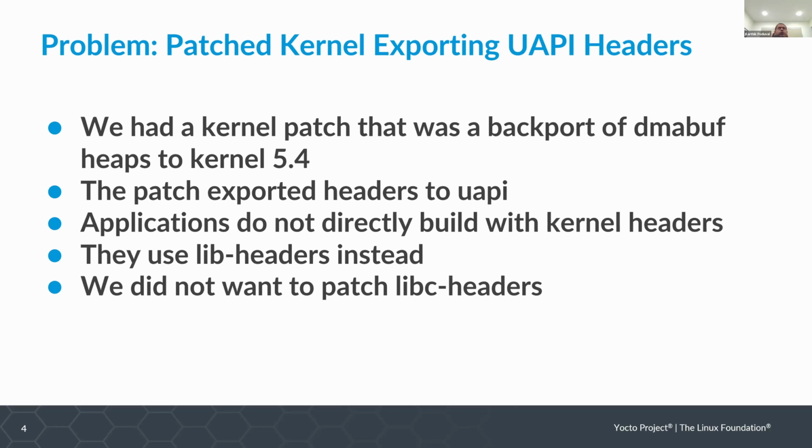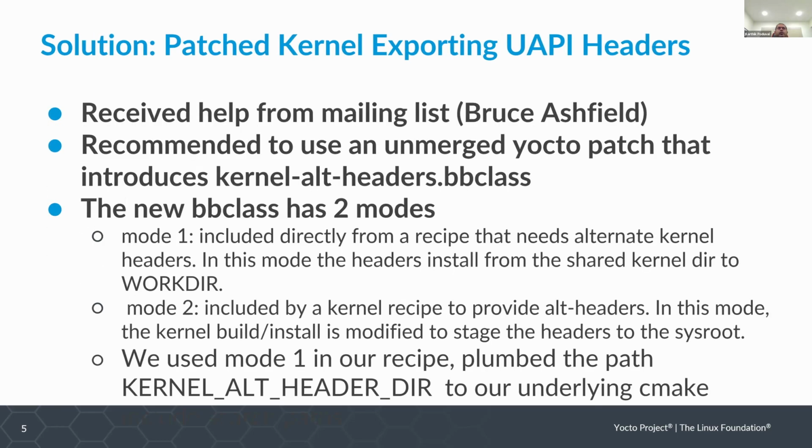For this particular problem, we reached out to the community, and we got several suggestions, including some to patch libc headers. But then I think Bruce pointed us to a work in progress patch called the kernel-alternate-headers.bbclass, and it had two modes of operation. Mode one was to include it directly from a recipe, so that inside the recipe sysroot, you get some of the exported kernel headers.